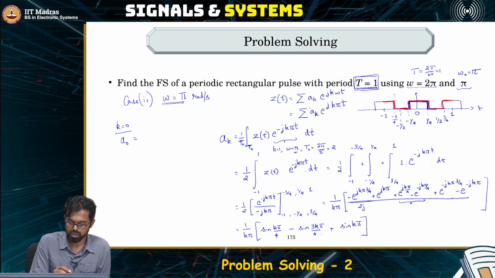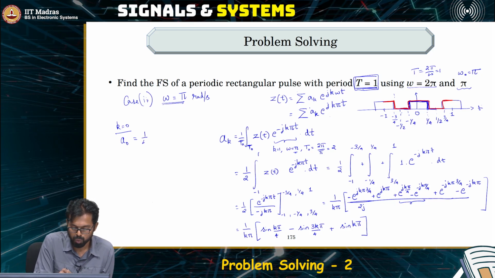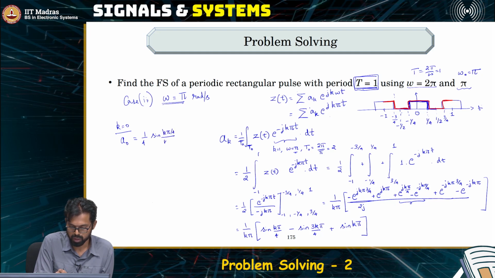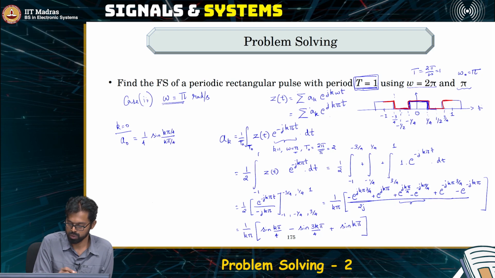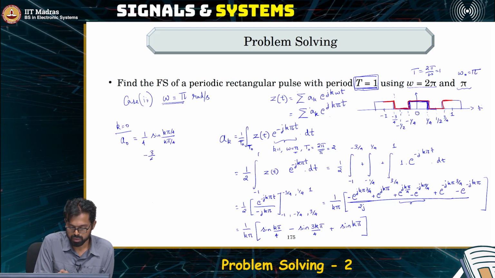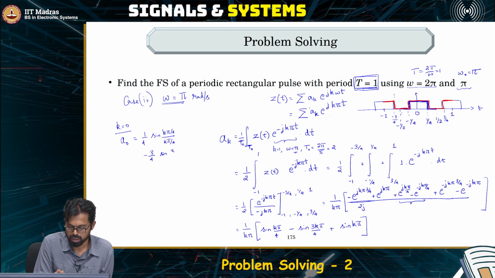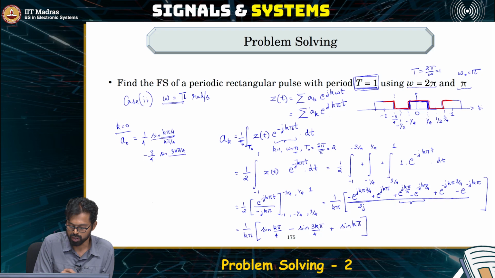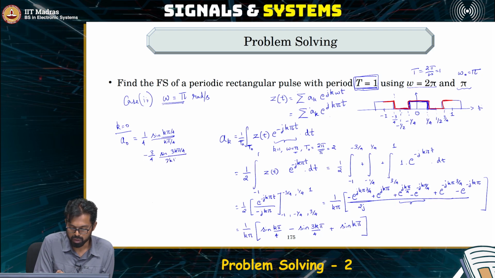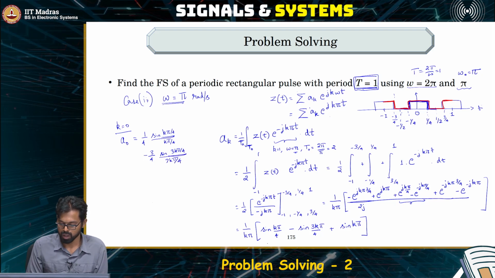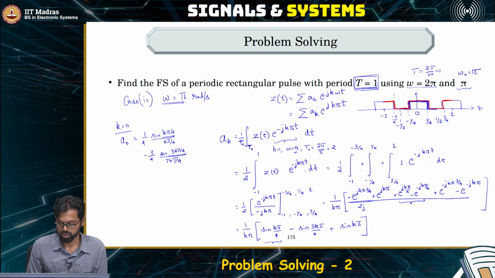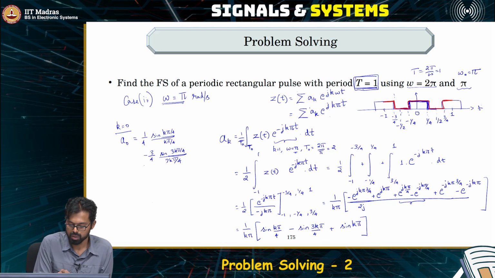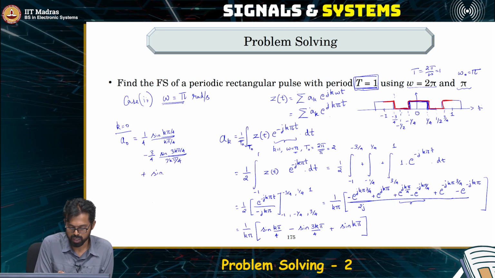So when k is equal to 0, we have 1 by 4 sine k pi by 4 divided by k pi by 4, minus 3 by 4 sine 3k pi by 4 divided by 3k pi by 4. All I've done here is multiply and divide by 1 by 4 for this term, and multiply and divide by 3 by 4 for this term, and plus sine k.